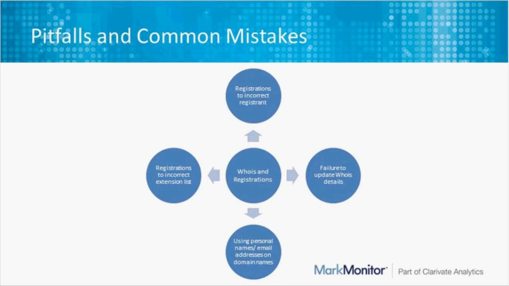Okay, so not just looking at the failure to update WHOIS information being a common mistake with WHOIS and registrations, using personal names or personal email addresses on domain names is another really common mistake that we see all of the time.